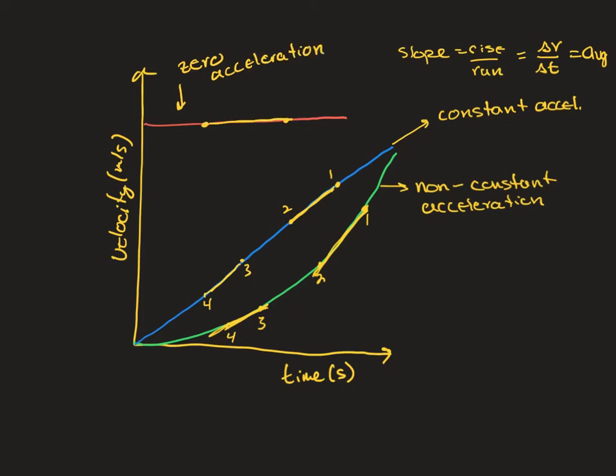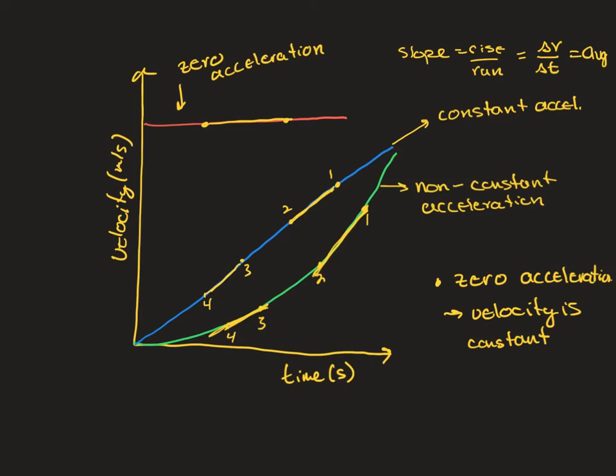And that's going to be very important. 0 acceleration means that the velocity is constant. It's going to be the same value initially as it is finally. The value of the velocity is not changing.